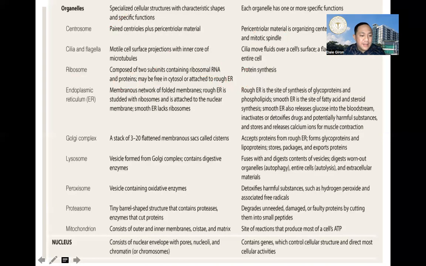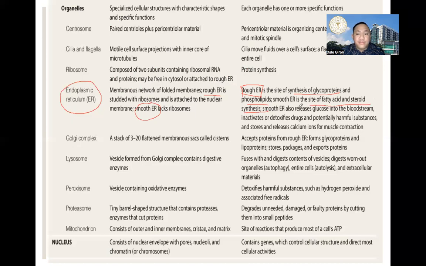Okay, next is the endoplasmic reticulum. They are a membranous network of folded membranes. Now, there are two types of endoplasmic reticulum. One is rough ER, or rough endoplasmic reticulum. They are studded with ribosomes and they're attached to the nuclear membrane. The rough endoplasmic reticulum is the site of the synthesis of glycoproteins and phospholipids, while your smooth endoplasmic reticulum is the site of fatty acid and steroid synthesis.